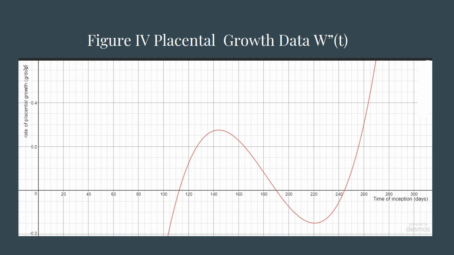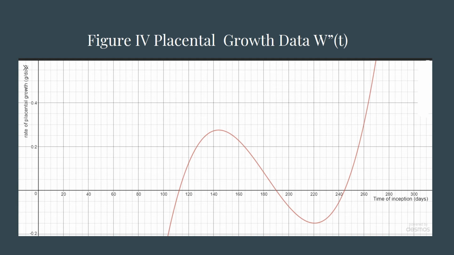Figure 4 is labeled as placental growth data, w double prime t. The x-axis shows time of inception in days, and the y-axis shows rate of placental growth in grams per day.